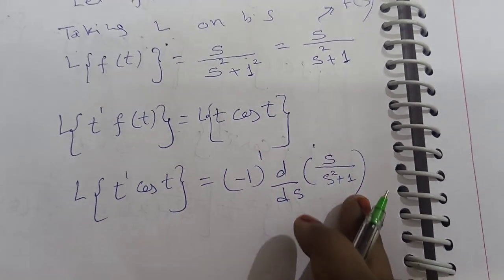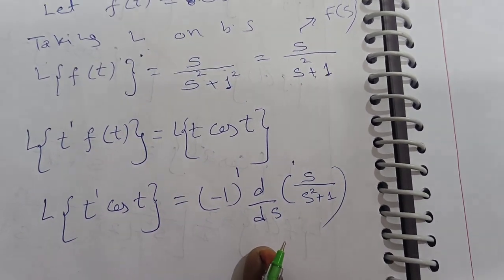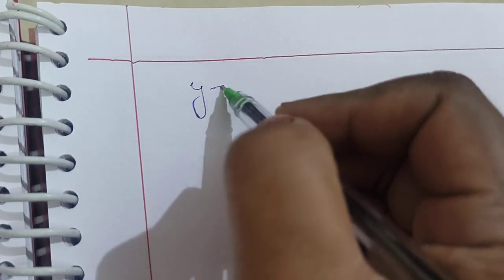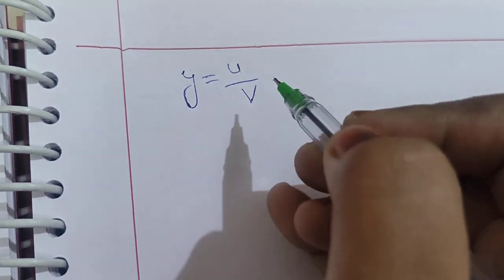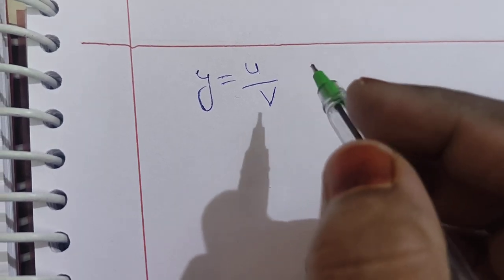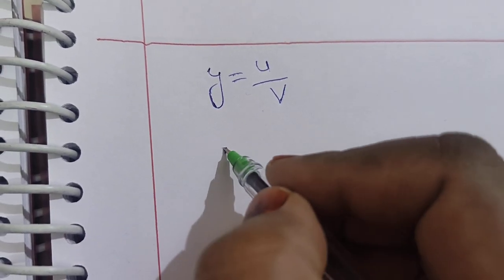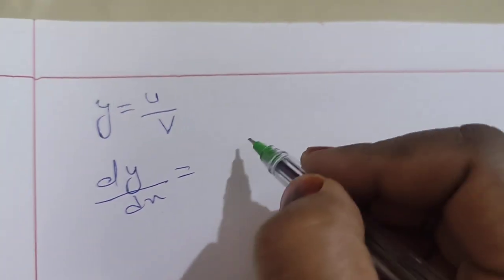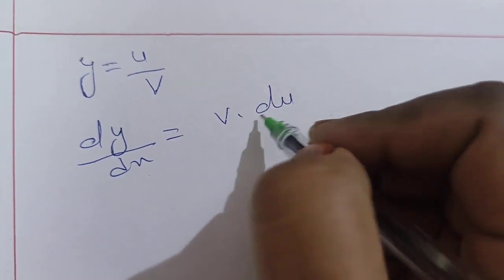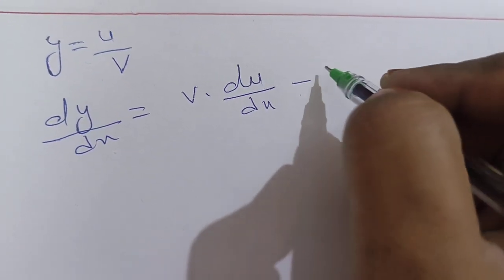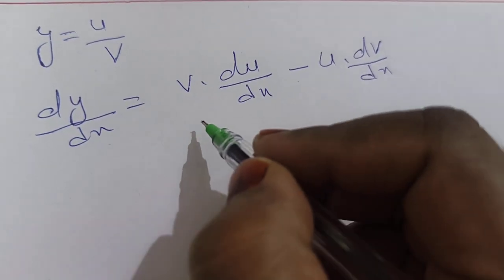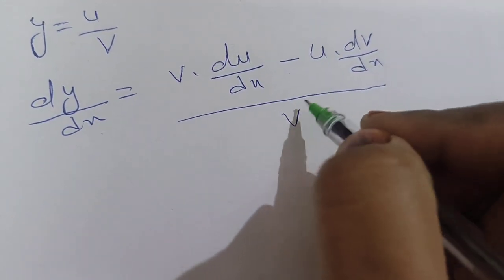Now we have to differentiate this function with respect to s. In differentiation we have one formula: when y is equal to u by v, differentiating with respect to x, dy by dx is equal to v into du by dx minus u into dv by dx, whole divided by v square.